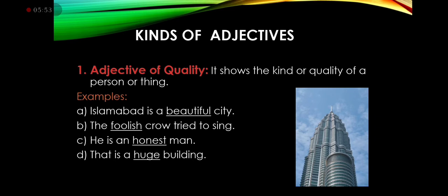For example, you can see beautiful city. City is a noun. Beautiful is an adjective. Foolish crow, foolish is an adjective. Honest man, it is also telling us about the kind or quality of a person. So honest is an adjective. That is a huge building. Huge is an adjective, and it's an adjective of quality.